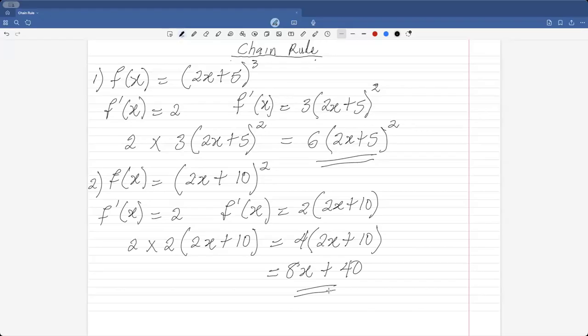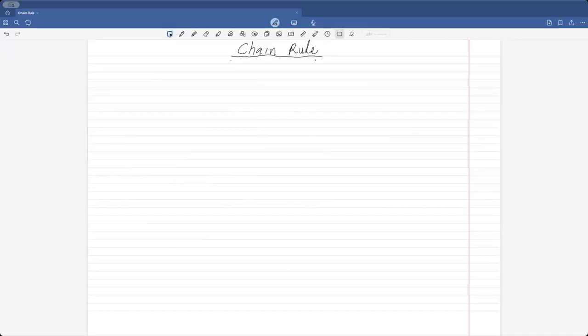So let's take another example. Let me clean things up here. Let's say we have a question that looks like this. f(x) equals the sine of 2x.